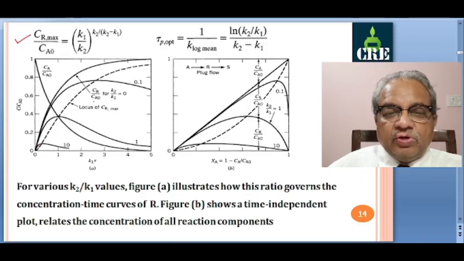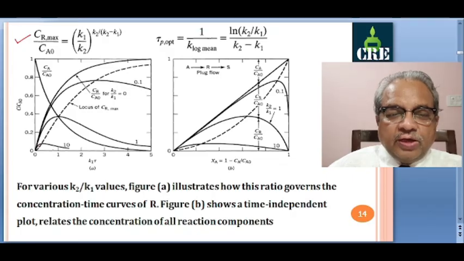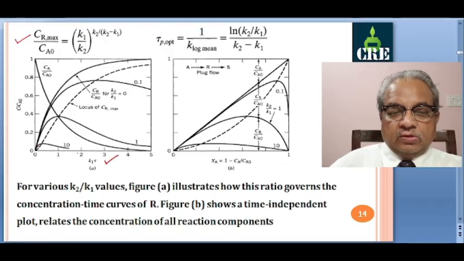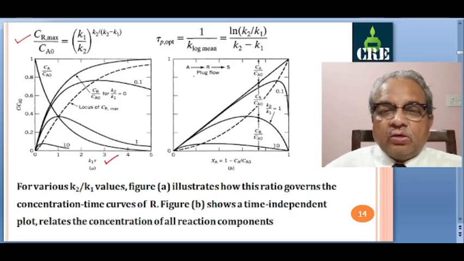In between you can draw a number of curves: 0.1, 0.5, 0.8, 1, 2, 5, 10, like that. And on the x-axis we have this dimensionless parameter K1 into tau.